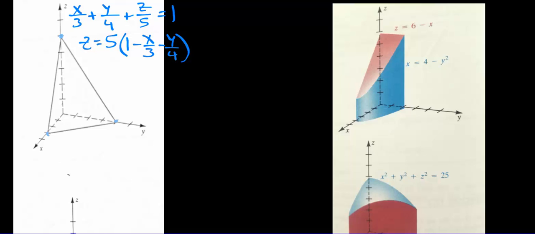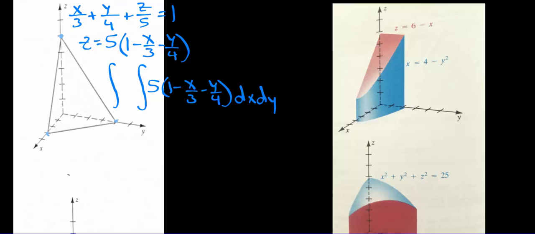So dig this. We're going to have a double integral, with 5 times 1 minus x over 3 minus y over 4, and that's the height. Then we have the area of the base, dy dx, or dx dy, whichever way you want to do it. I'll do dx dy this time.